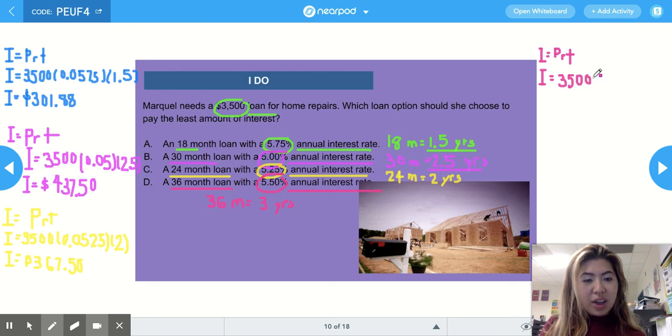The interest rate is 5.5. So as a decimal, that's 0.055. And lastly, 3 as the time. If I calculate this out, I'm going to get $577.50.